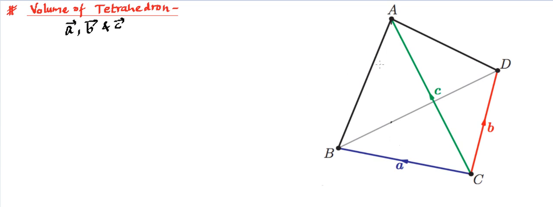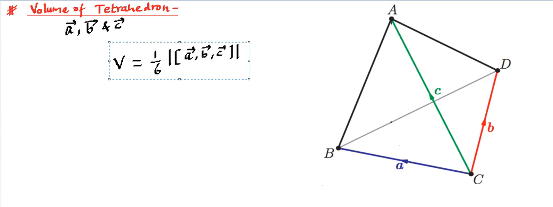If somebody asks what the volume of this is, the volume of this tetrahedron is also calculated using the scalar triple product. The formula comes out to be 1/6 of the scalar triple product value. So the scalar triple product value, which is the mod of [A, B, C], 1/6 of that number is the volume of this tetrahedron.